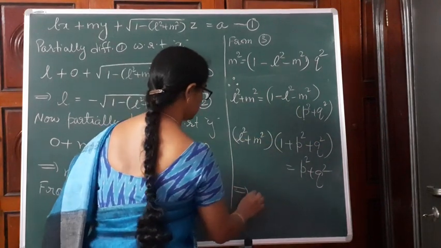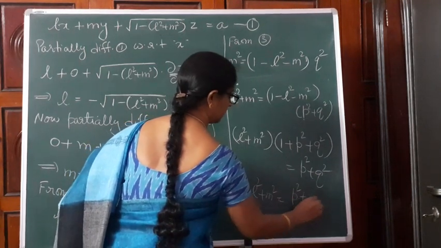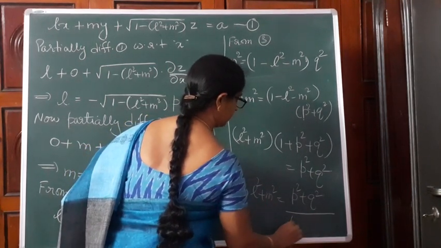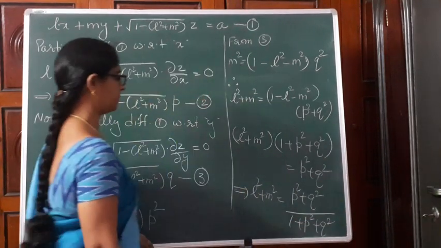From this, what is L square plus M square? It is P square plus Q square by 1 plus P square plus Q square. This is L square plus M square.